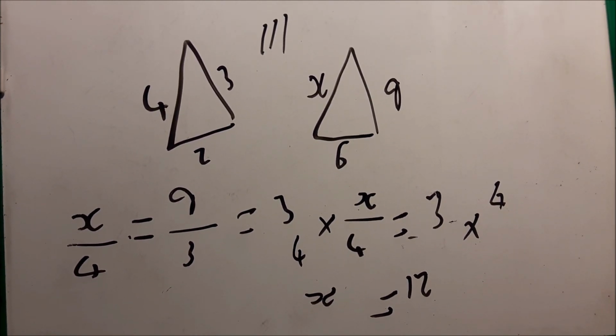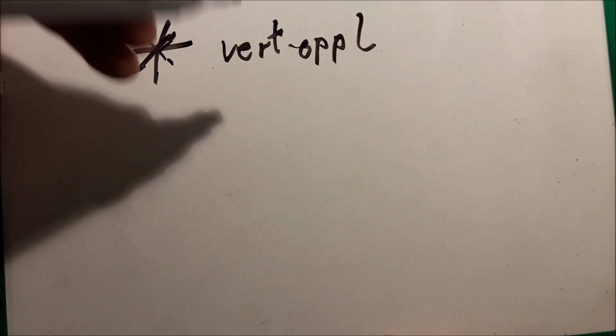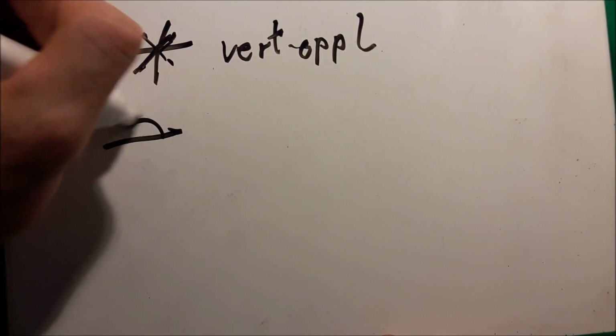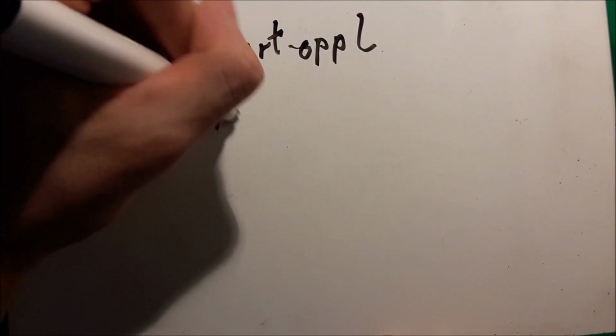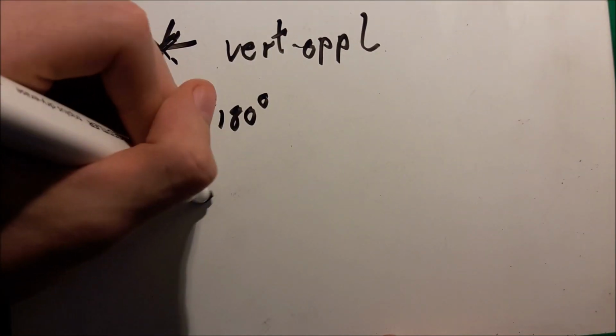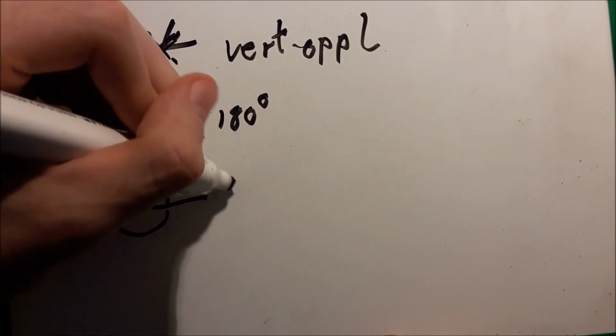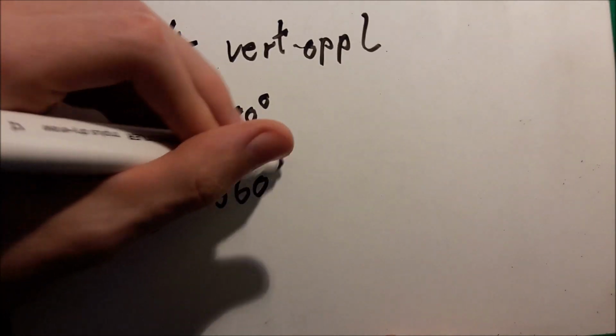It's also everything about lines, so on: alternating angles are equal to each other, vertically opposite angles are equal to each other, angles around a line are 180, and angles around a point are 360 degrees.